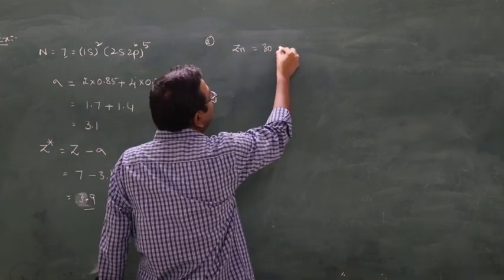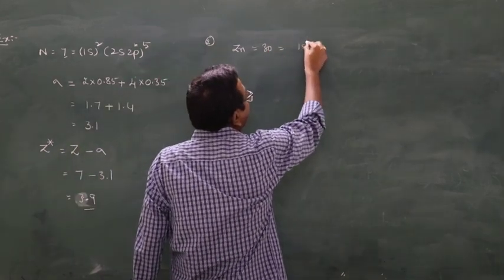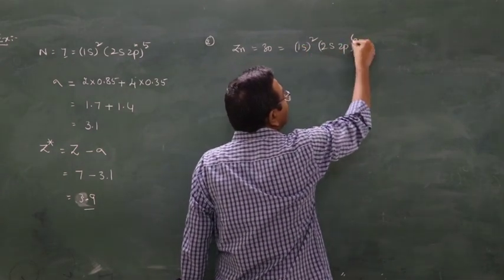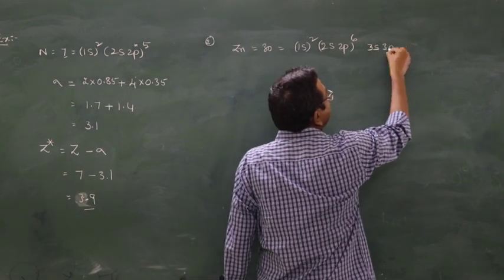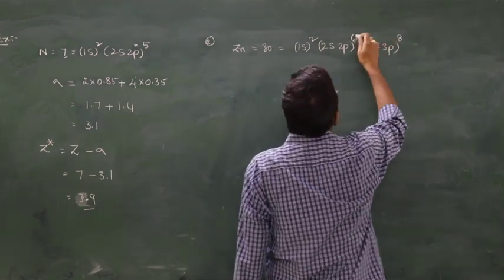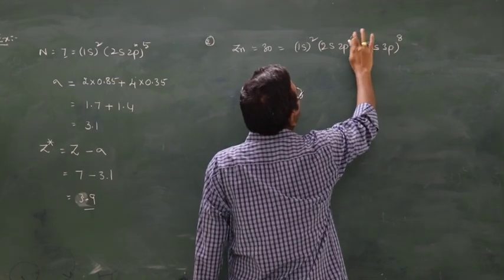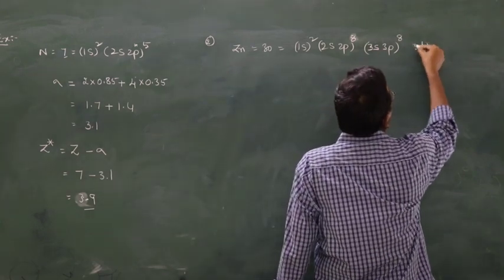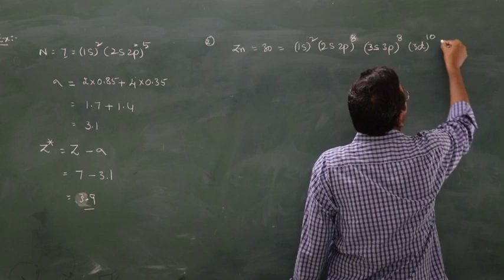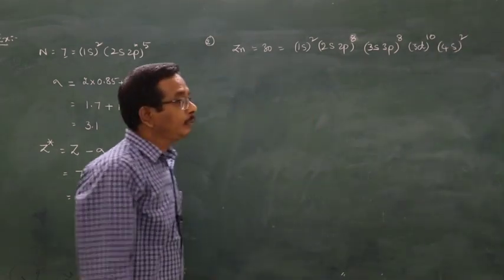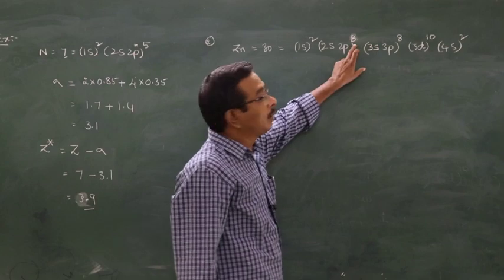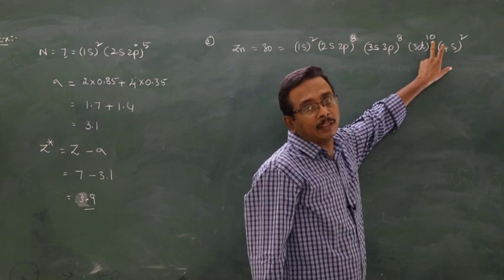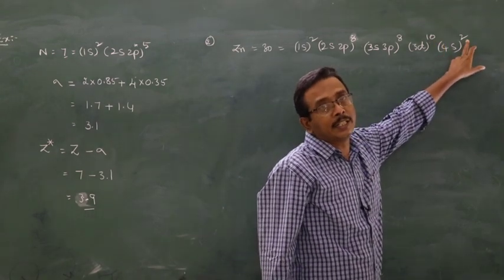Zinc has atomic number 30, that is 1s2, 2s2 2p6, 3s2 3p6, that is 3s 3p 8, and 3d10, 4s2. 8 plus 2 is 10, 10 plus 8 is 18, 18 plus 10 is 28, 28 plus 2 is 30.